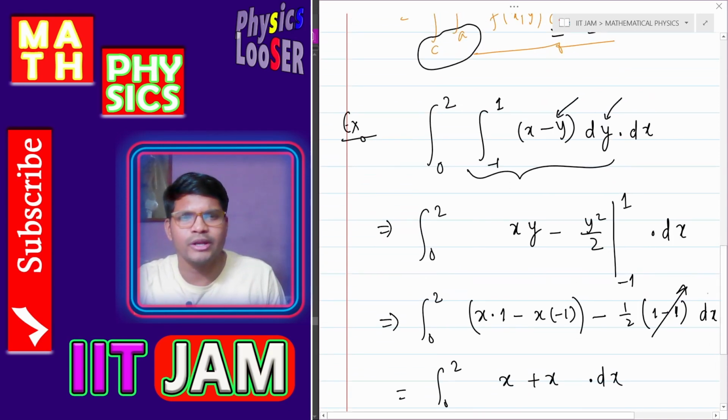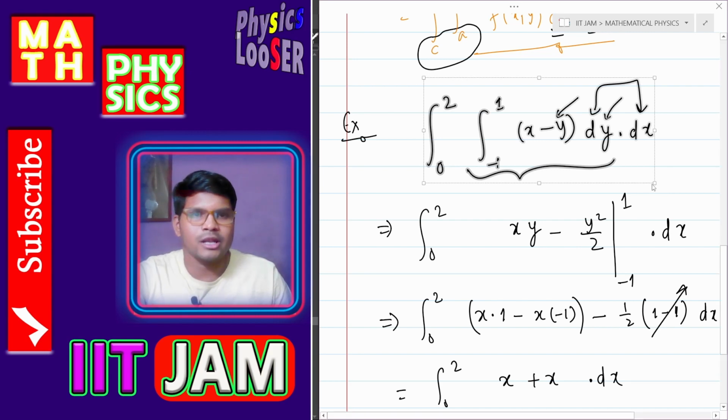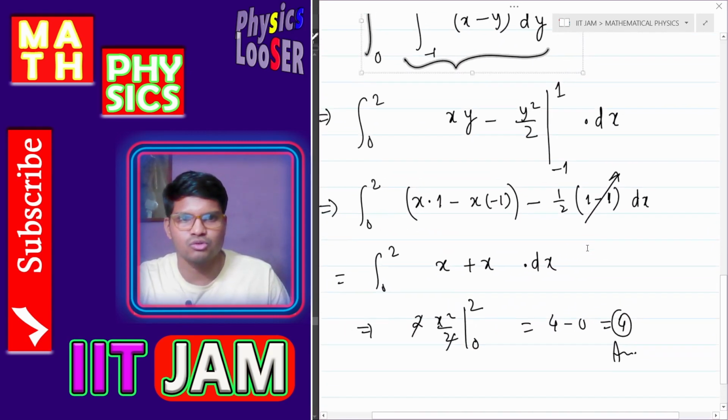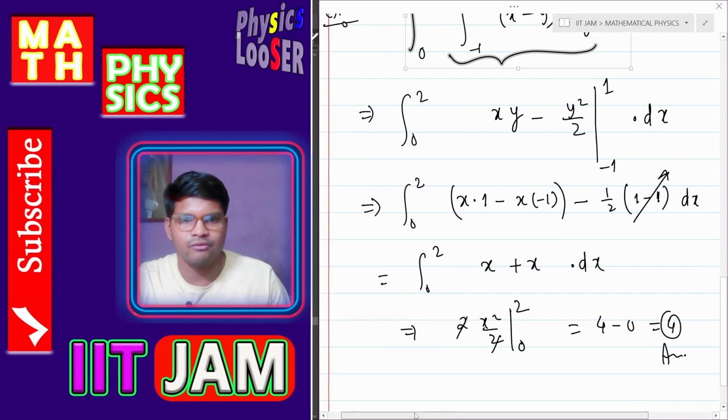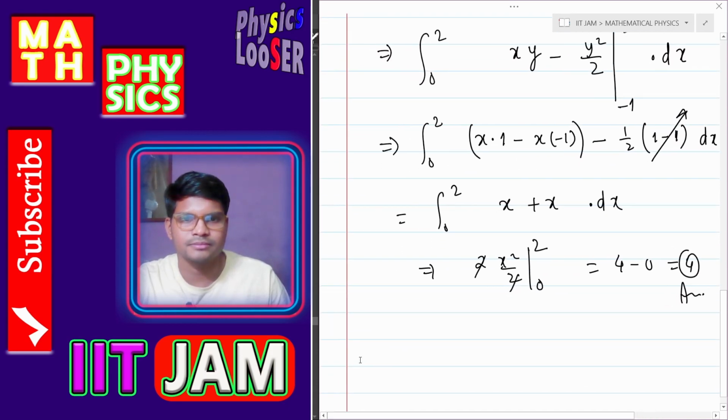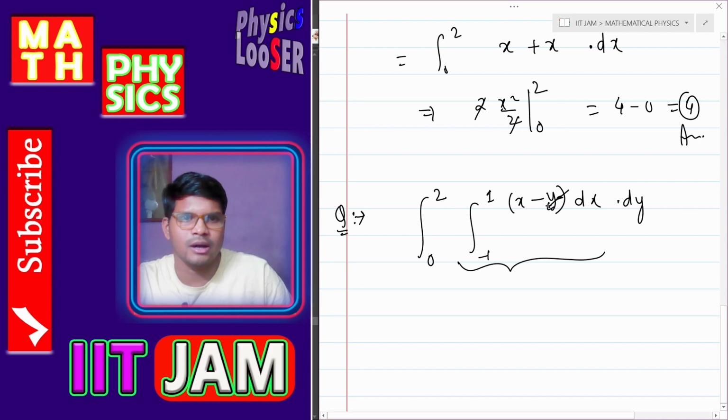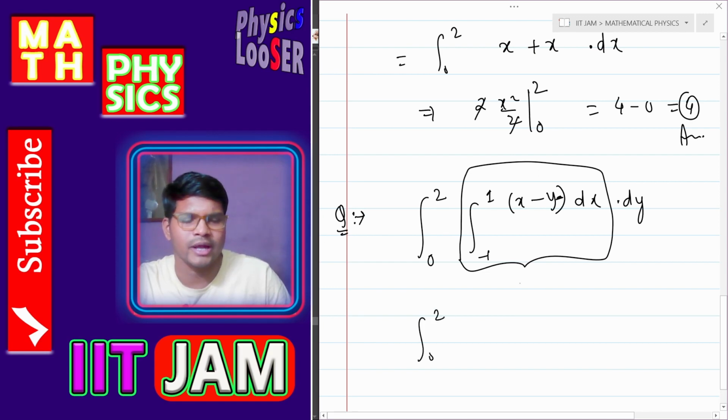Now I had told you that when you have constant limits, then if you choose to do the integral by switching these positions, the integral won't be affected. So let me give you the same analogy over here: is this true or false? Let us just verify at this moment. Now I am not changing the positioning of these limits. So first I am going to evaluate this integral, and what I can do is x square by 2 minus yx, I'm going to put limit minus 1 to 1 dy over here.